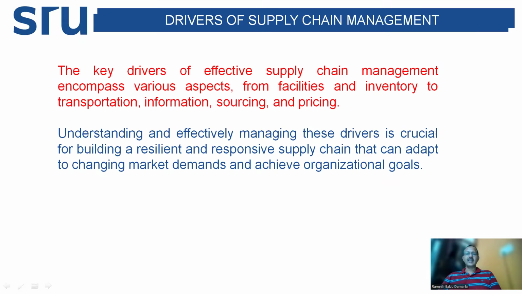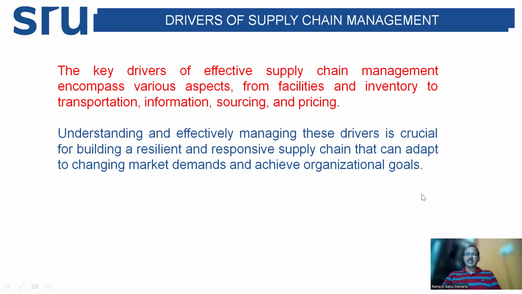So these are the key drivers which drive effective supply chain management. Understanding and effectively managing these drivers is crucial for building a strong, resilient, and responsive supply chain that can adapt to the changing market demands and achieve organizational goals.